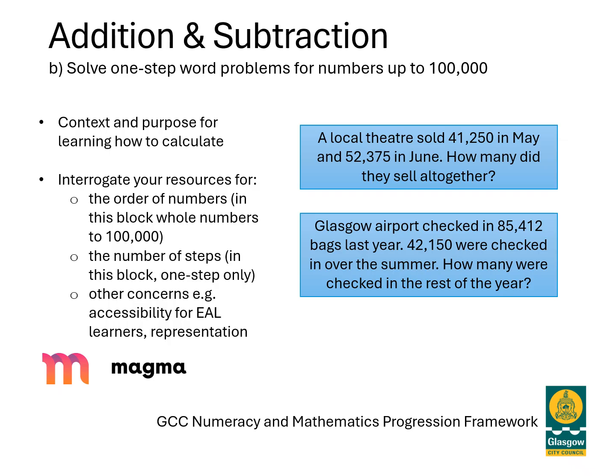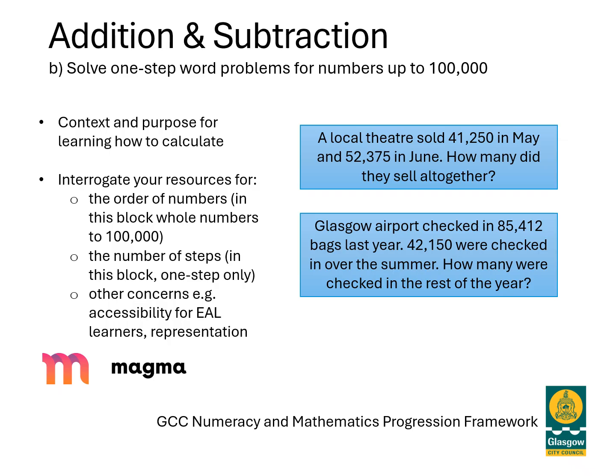So in this block, whole numbers up to 100,000. So you want to be looking for word problems where we've got numbers with 4 or 5 digits, so that we're practicing the order of calculation that is age and stage appropriate.